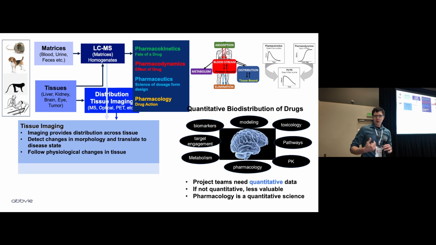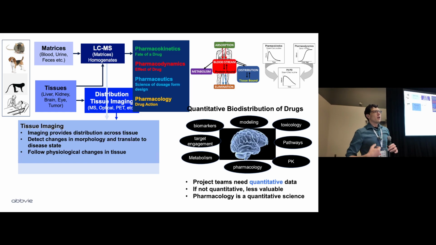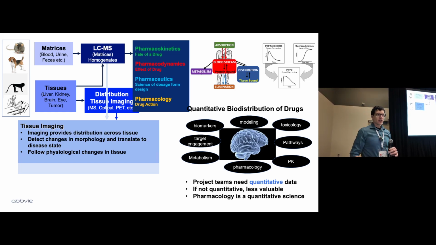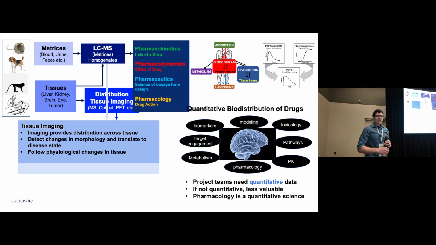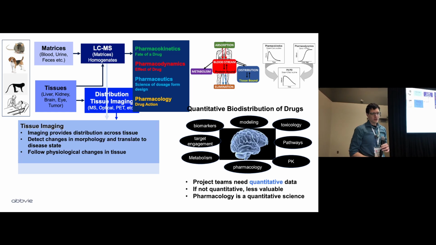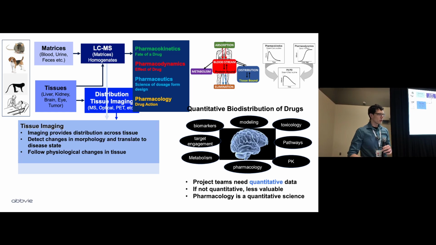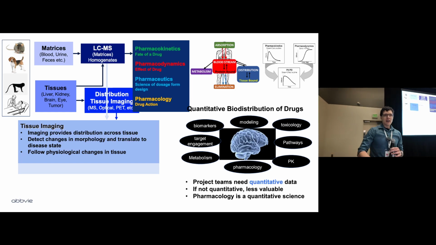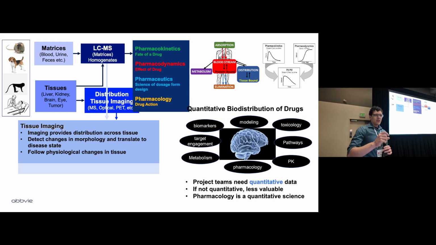We're looking at blood, urine, feces, bile, and we're trying to figure out what the drug is, what it's becoming, how much of it is turning into other things, where it's going. And then for some of those other sections where it's not really staying in the blood, where is it going? Is it getting into the tissue of interest? And so we'll take a liver, a kidney, a brain, a tumor, and we'll homogenize it so that we can get something that we can put into an LCMS.